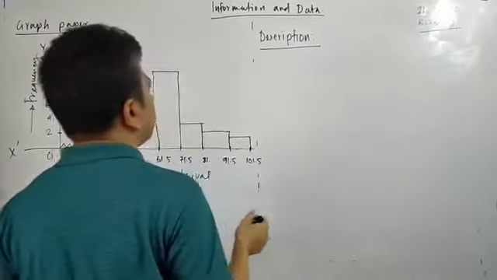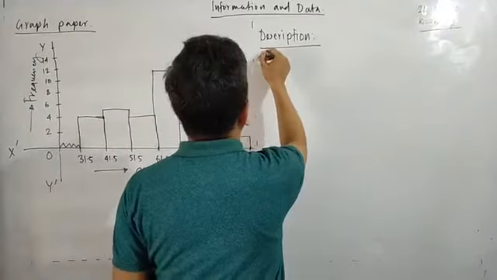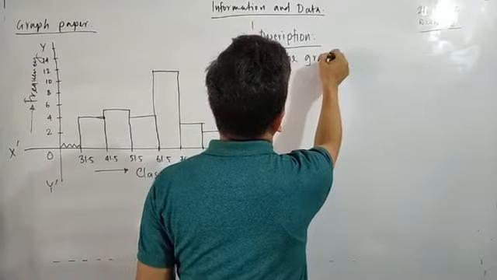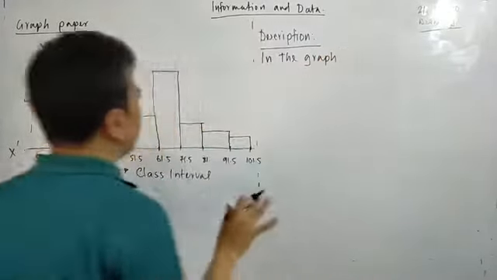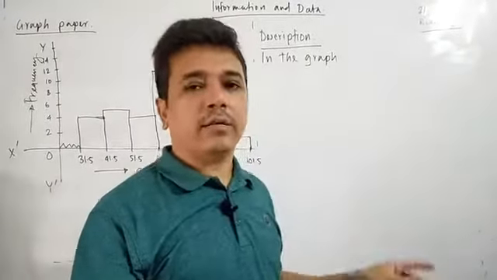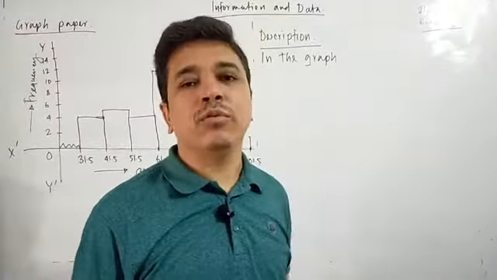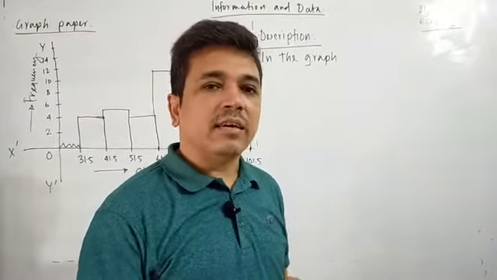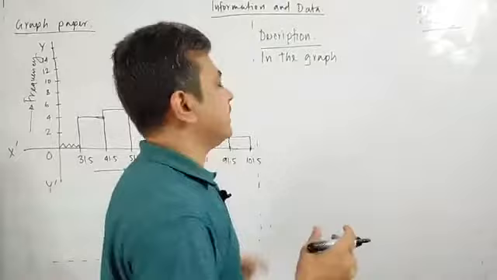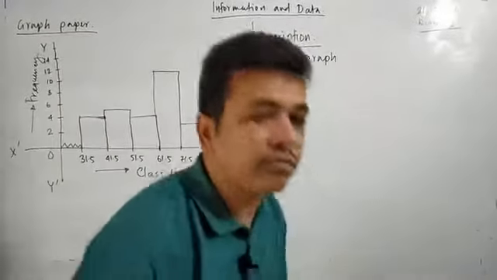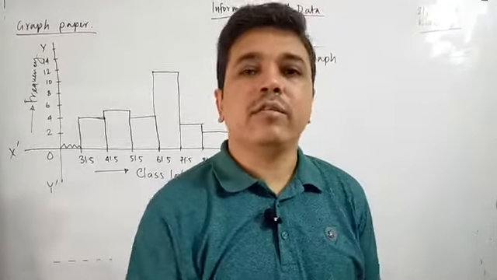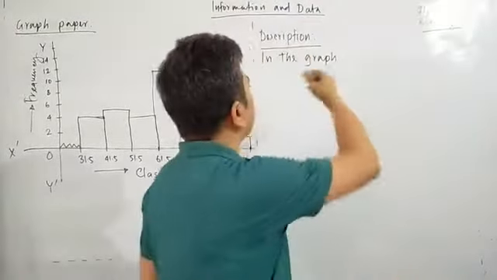In the graph paper, what you have done here, you have to write in your own words, not according to the book, not just decorated. You write what you have done there, just like constructions. When you write the description, you write the constructions in your own words. So you can write this way.